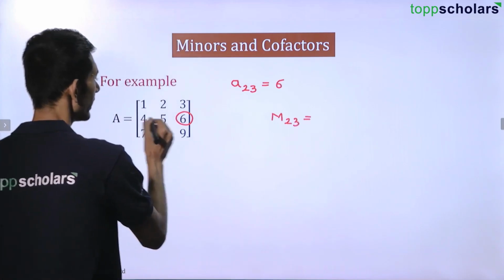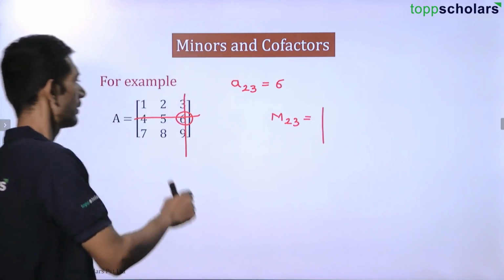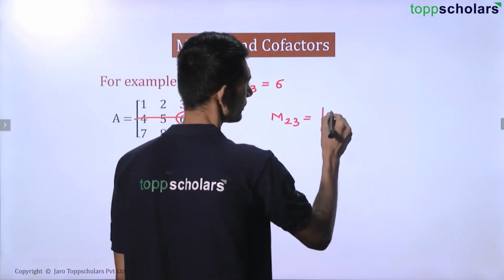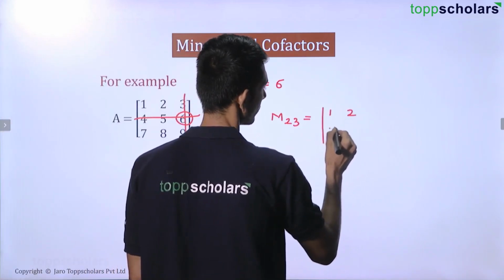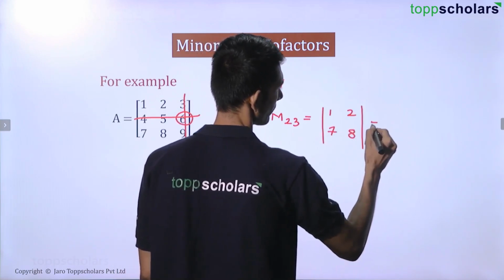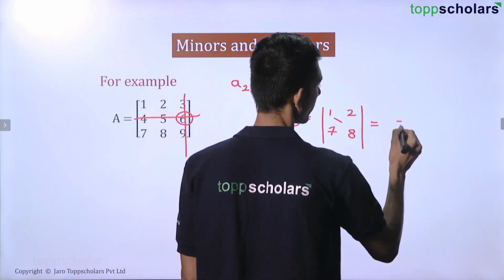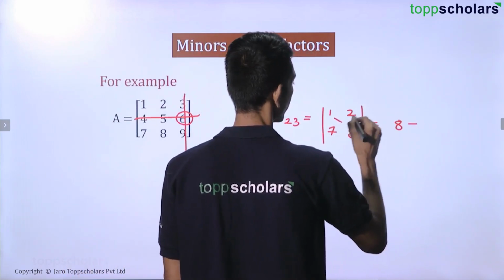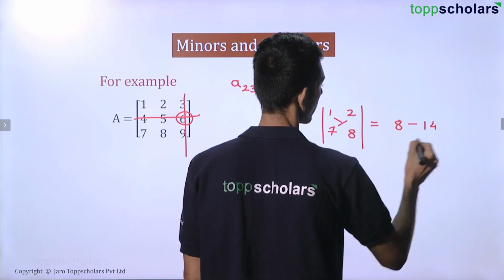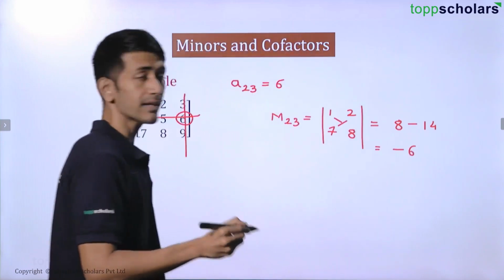For that, we'll delete this row and this column. What is remaining? 1, 2, 7, 8. That is 8 minus 7 times 2, which is minus 6. So that is your M23.